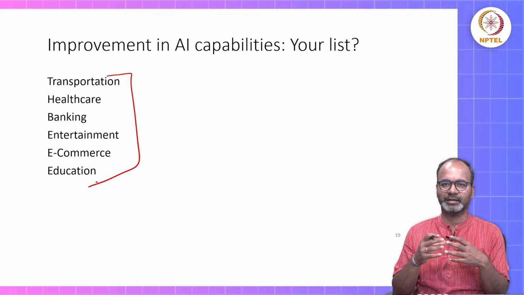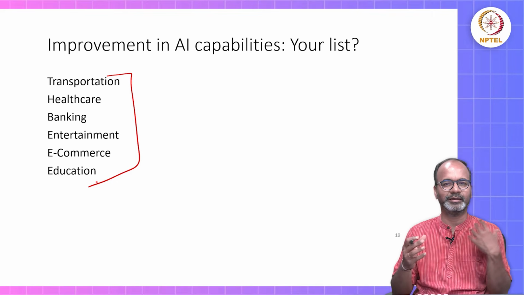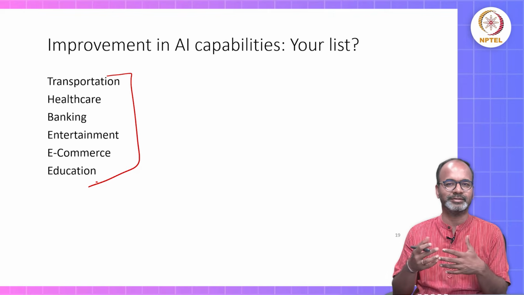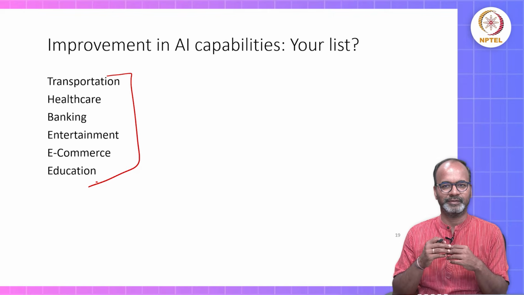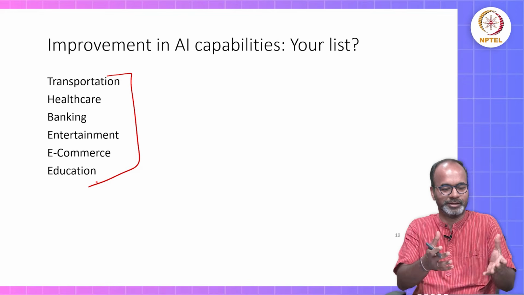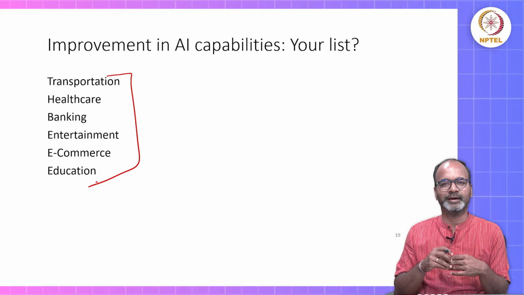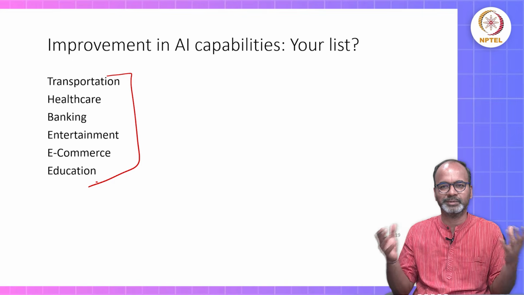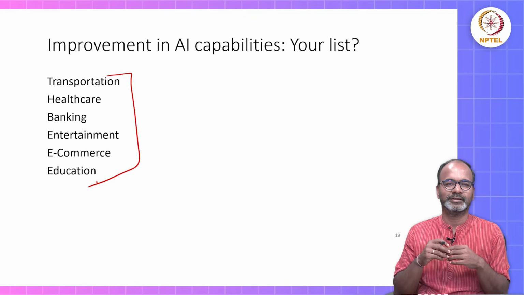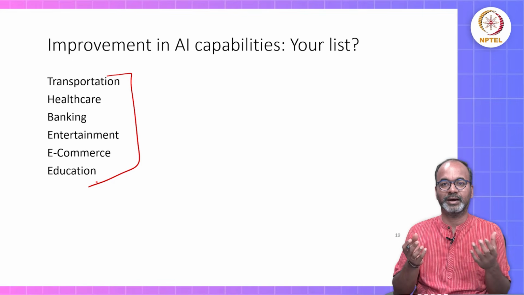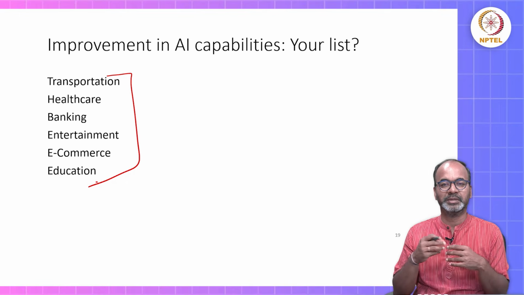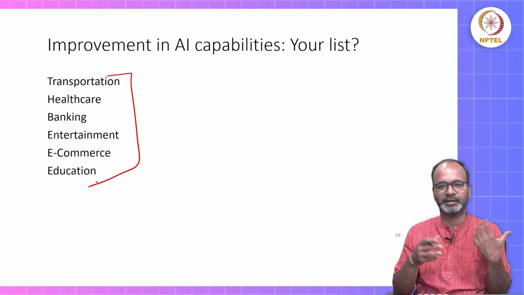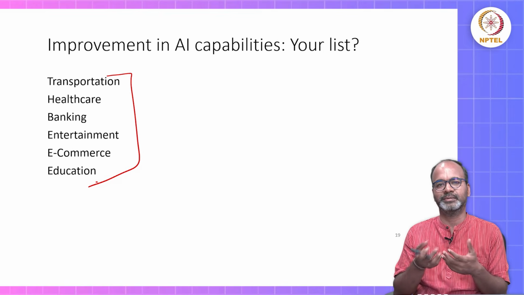Banking: how things have changed in the banking workflow, transactions, your experience, all of that. I'm sure many of these verticals have chatbots in their websites and services. Entertainment industry, right? How scripts are written, how videos and images are getting created. E-commerce: are there any recommendation systems, and how have they changed? Education: how co-pilots in programming and other advancements have changed education.